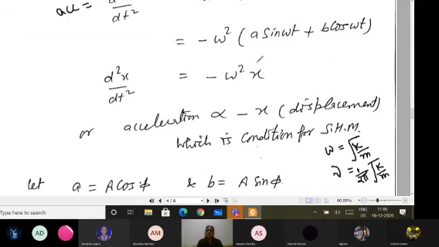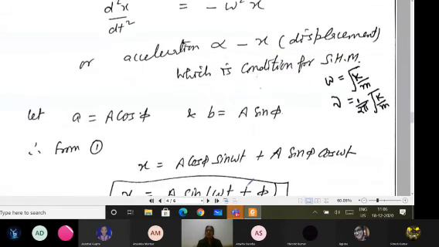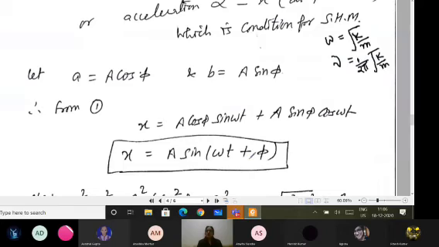Further in this equation, suppose small a equals A cos phi, where phi is the phase difference or the vibrating phase state of the particle, and small b I write as A sine phi. Then I can write this equation in terms of the initial phase, or you may take it as the initial phase phi naught, and then the thing will be clearer.